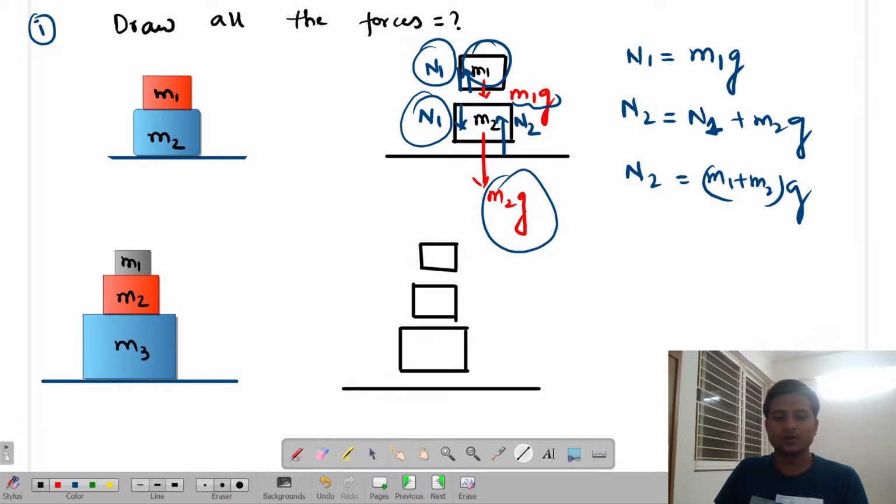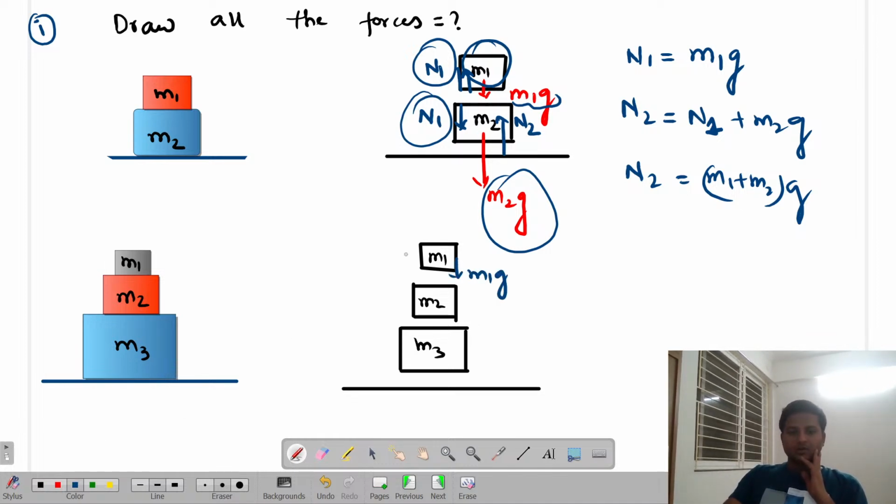So these are my three blocks m1, m2, and m3. Now, once again, I'll start from the topmost position. So I'll start with m1g. For that, N1, and then an equal and opposite N1 on m2.